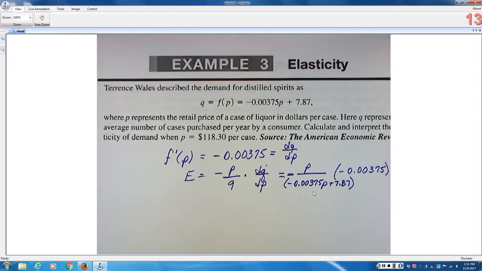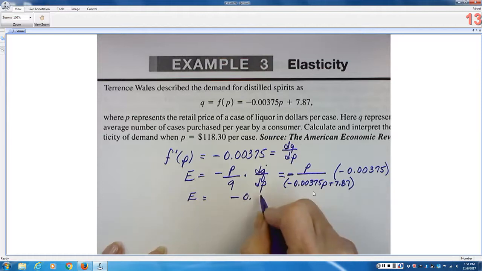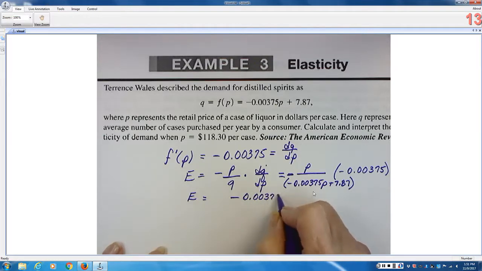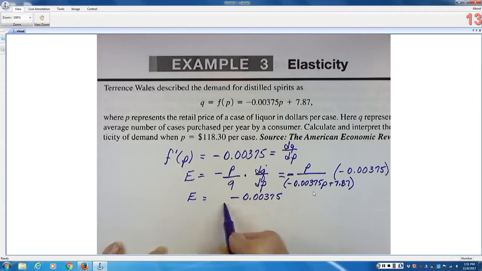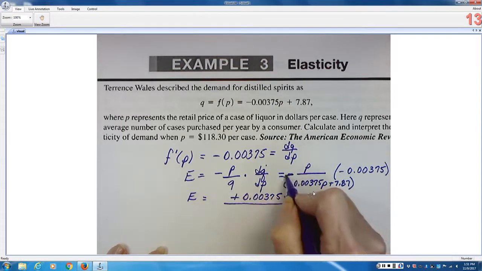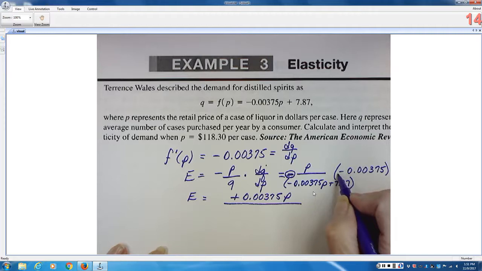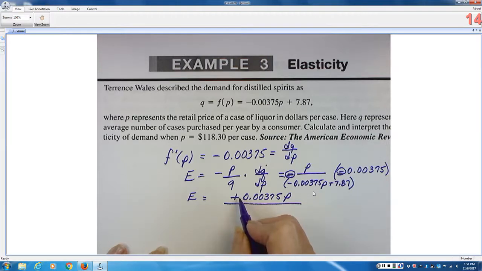So E turns out to be this. Actually, that's going to be positive, because this is negative and this is negative, so that makes that positive.